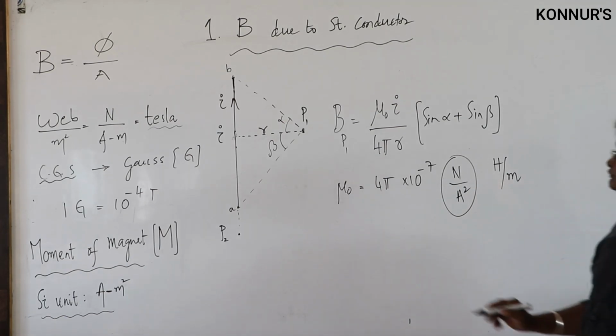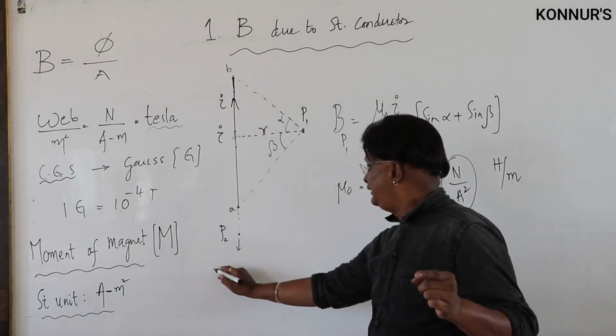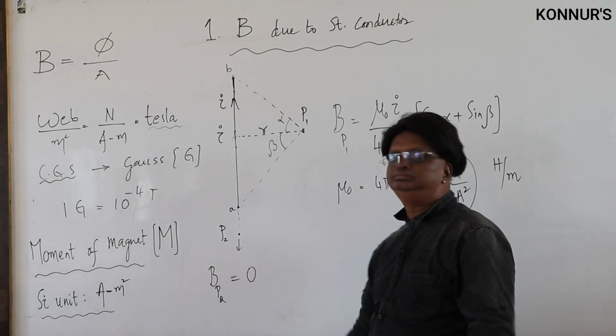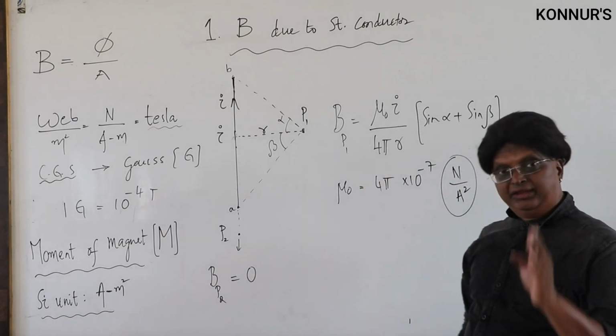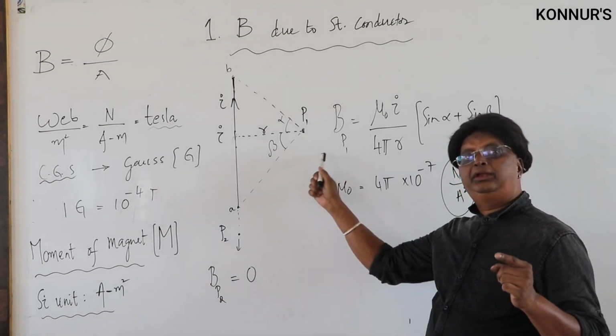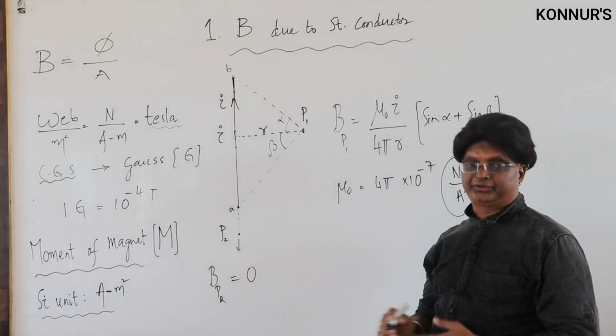Now remember, here we are writing also for P2. And this B at P2 is 0. Therefore, any straight conductor produces magnetic induction at any lateral point, but not at a point which is along the conductor.